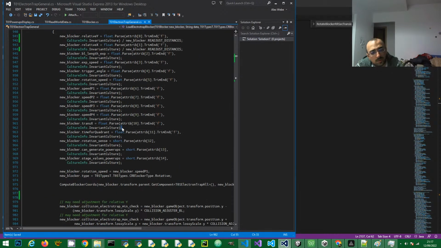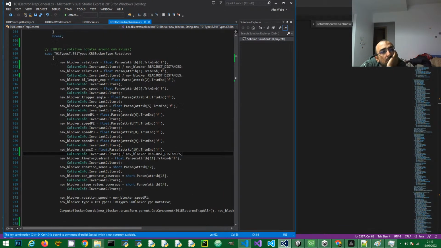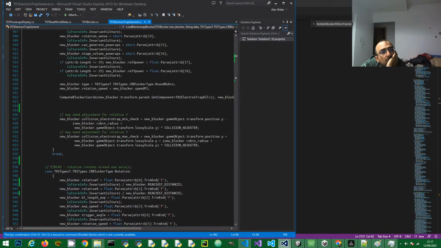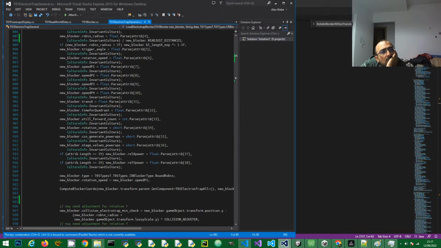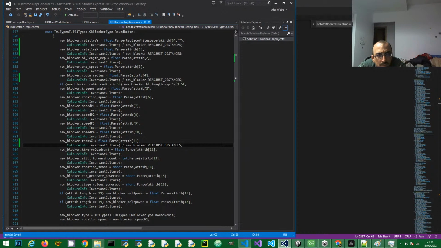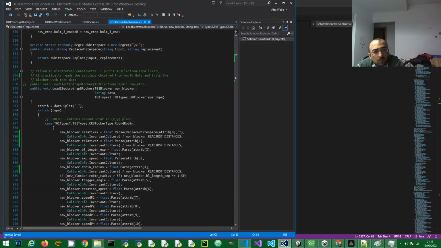This one also trans-X. Robin radius, trigger angle. Good.